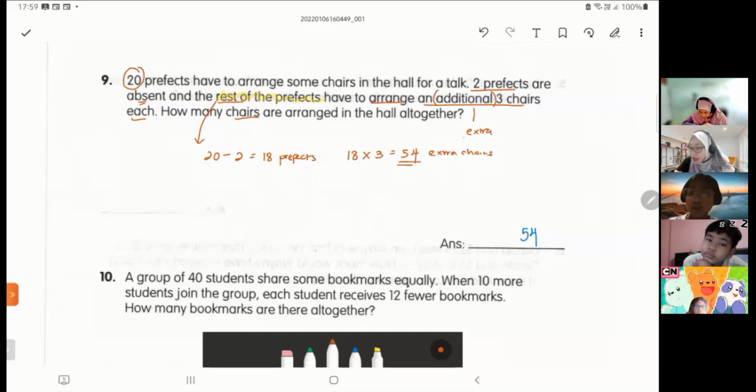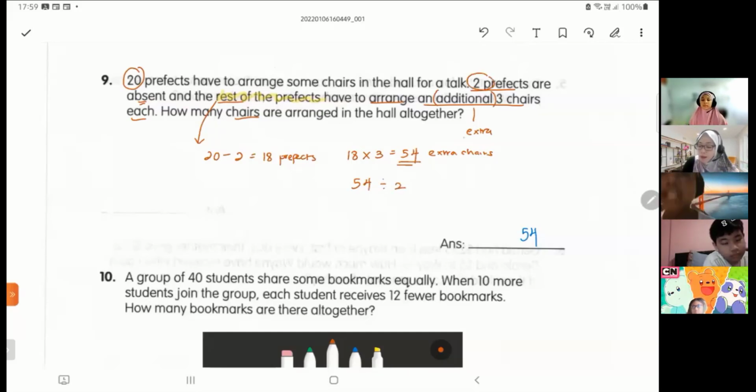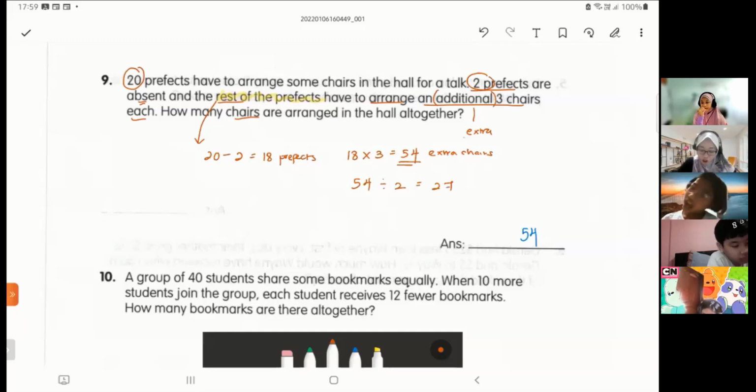Before that, the prefects had to arrange fewer chairs in the first place. But how many is that? 54, you divide it by the 2 prefects who are absent, equals 27. So actually before they had this extra job, they were supposed to arrange just 27 chairs each.